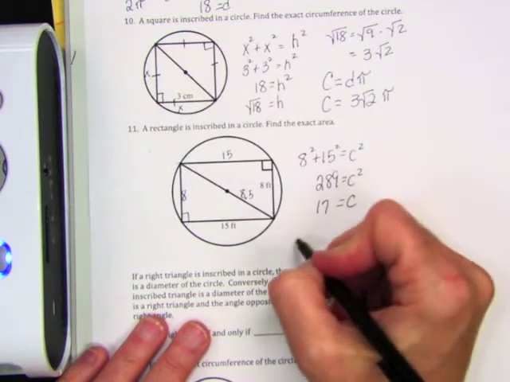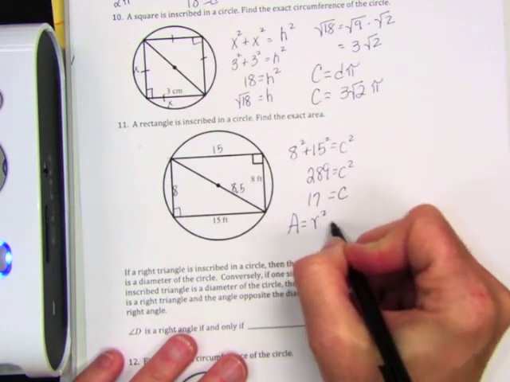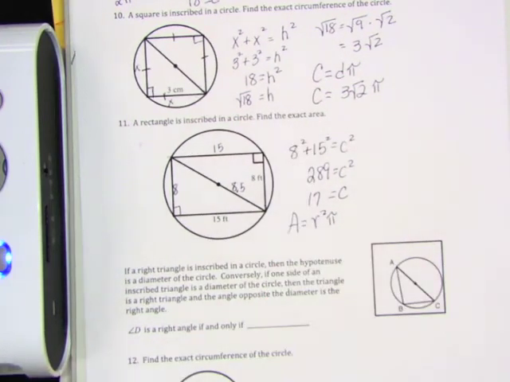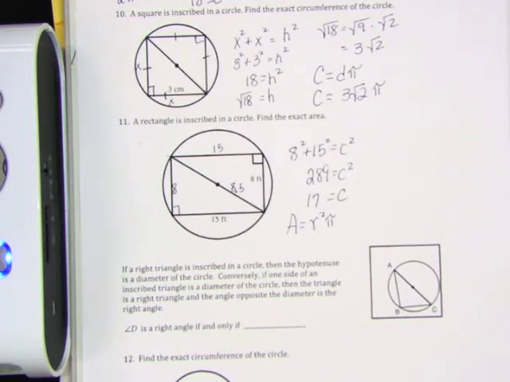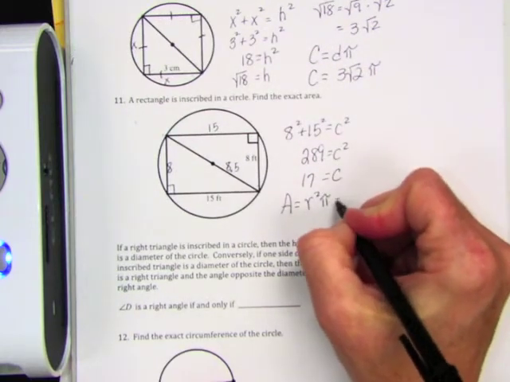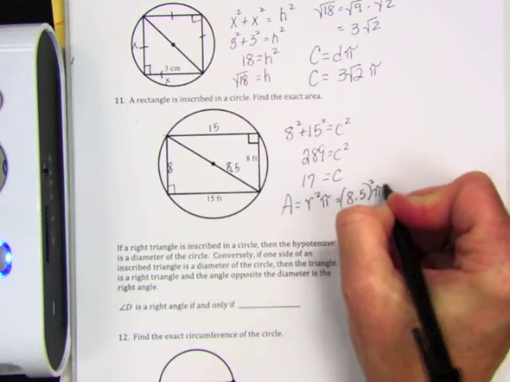So to calculate the area of my circle, it's going to be radius squared times pi. And again, it says exact. So notice when it says exact, I am not typing in my pi as 3.14. So this is going to be 8.5 squared pi.